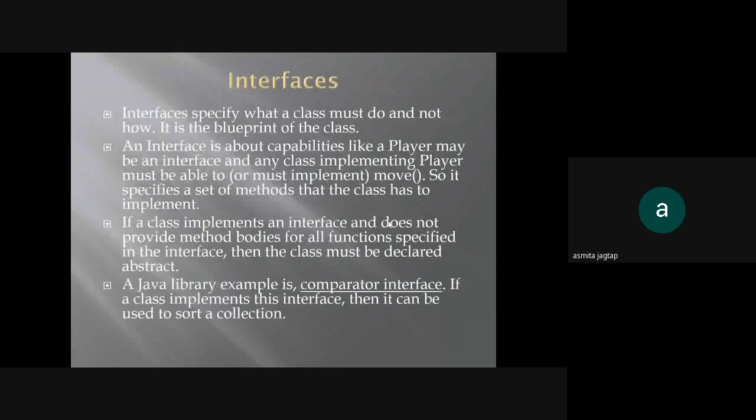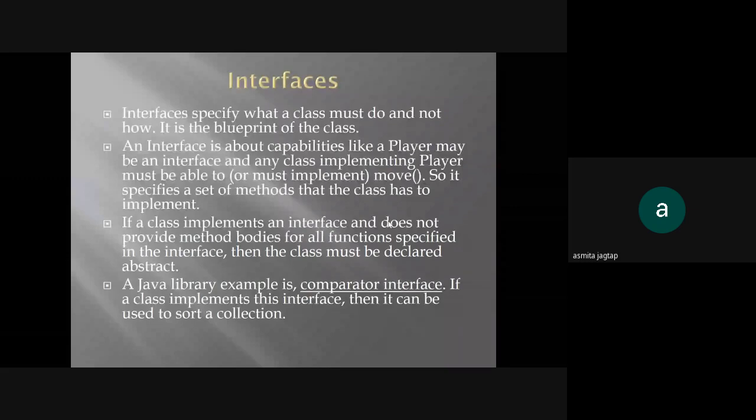Okay, so interfaces, we've seen, are nothing but like abstract classes, similar in type. The difference is that abstract classes can have concrete methods also, while interfaces don't have concrete methods, so two or three differences are there. Then an abstract class is extended, while an interface is implemented.